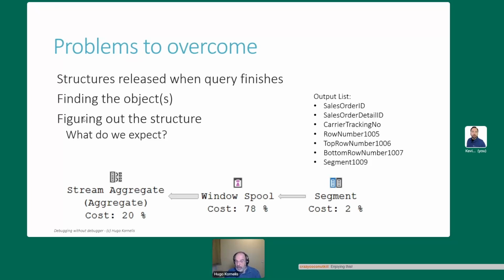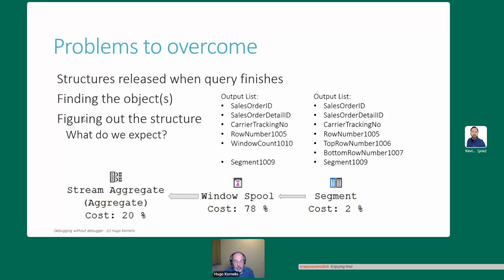I already showed that in the demo. These columns are returned by the segment operator to Window Spool. So anything in the work table has to be these columns. There cannot be anything extra. I don't know if everything is stored, but it has to come from here.